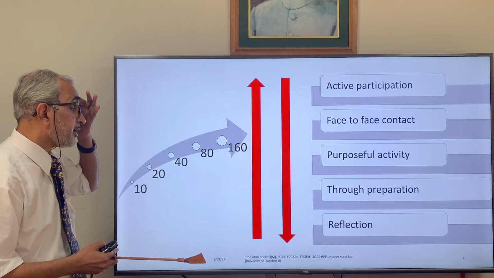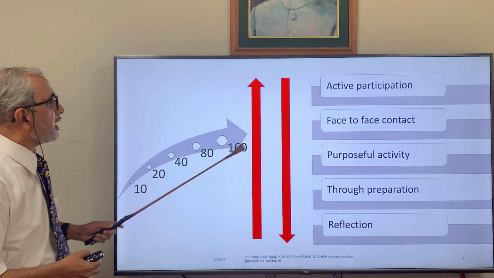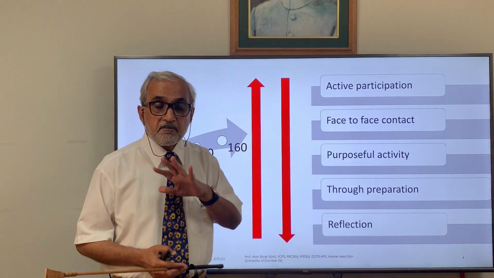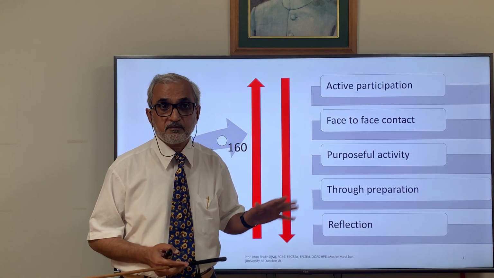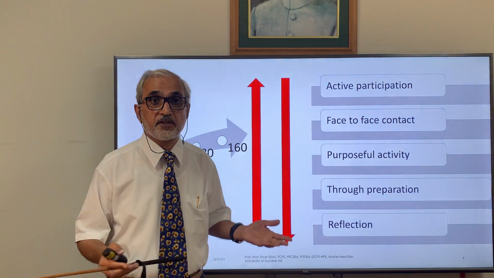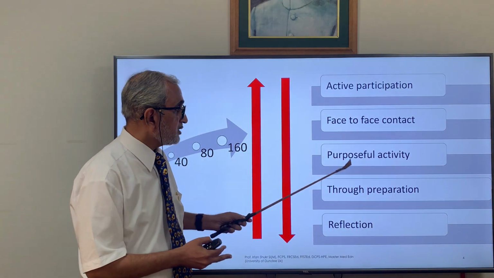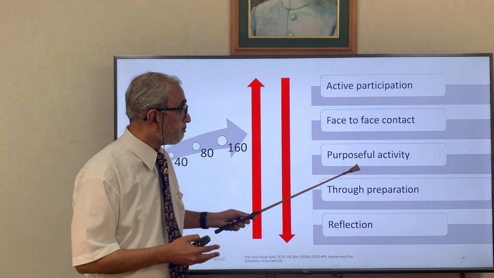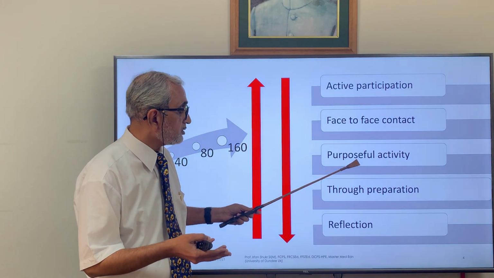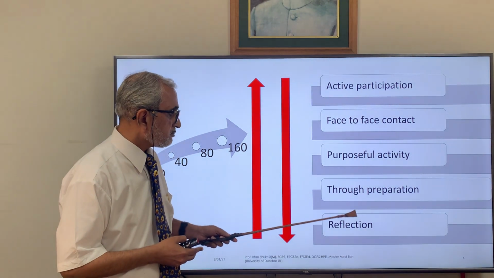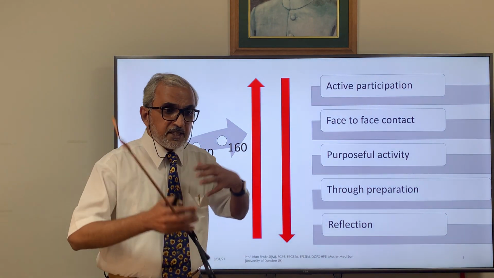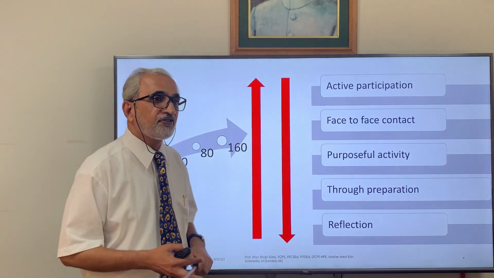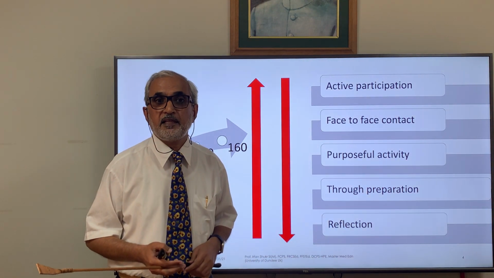As the number rises, a few students may miss active participation, face-to-face contact becomes difficult, and the chances of purposeful activity being lost become greater. Since a lot of people are talking and the time is limited, the time for reflection also becomes less.